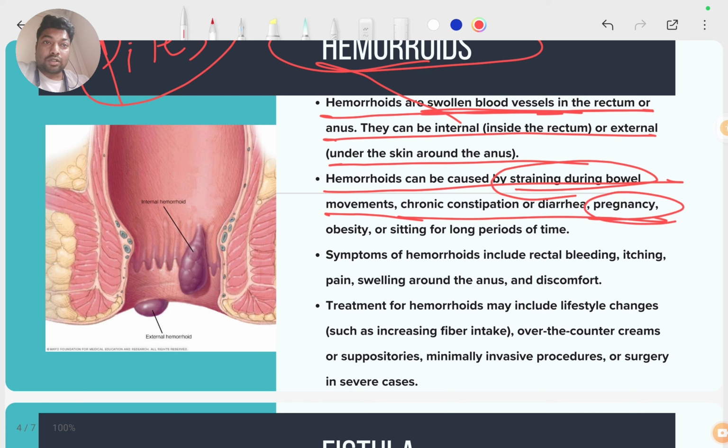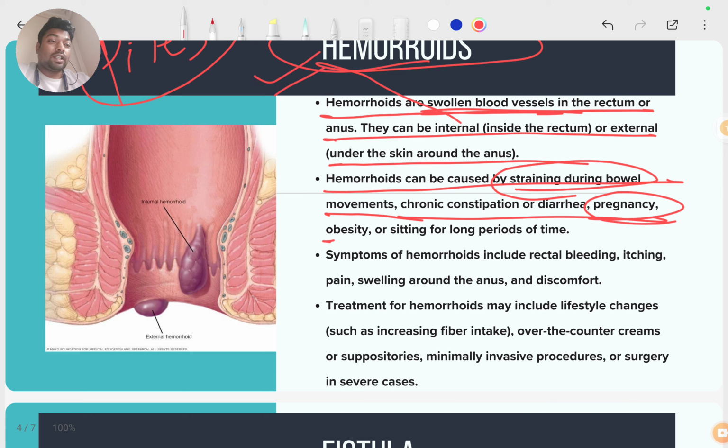Pregnancy is also a cause. In pregnancy the uterus size increases, which affects the stomach also, that leads to different diseases like GERD, Barrett's esophagus. Similarly, in pregnancy the uterus size increases, and that creates pressure in the lower abdomen, in this anal area, and that leads to bulging out of these blood vessels, causing hemorrhoids.